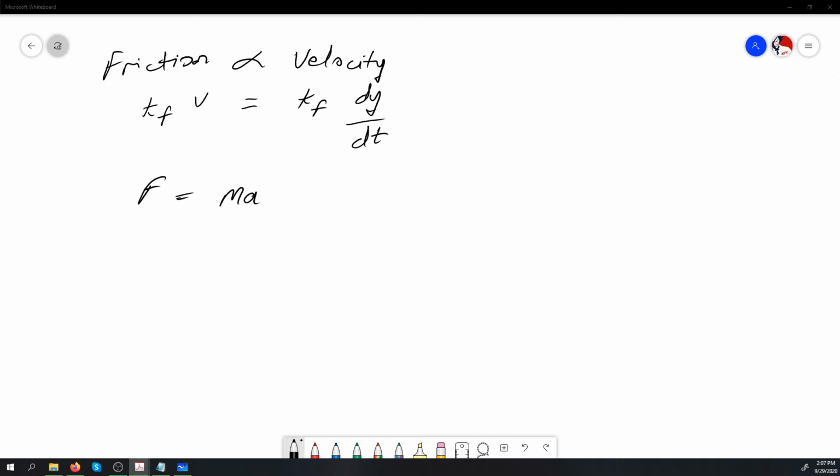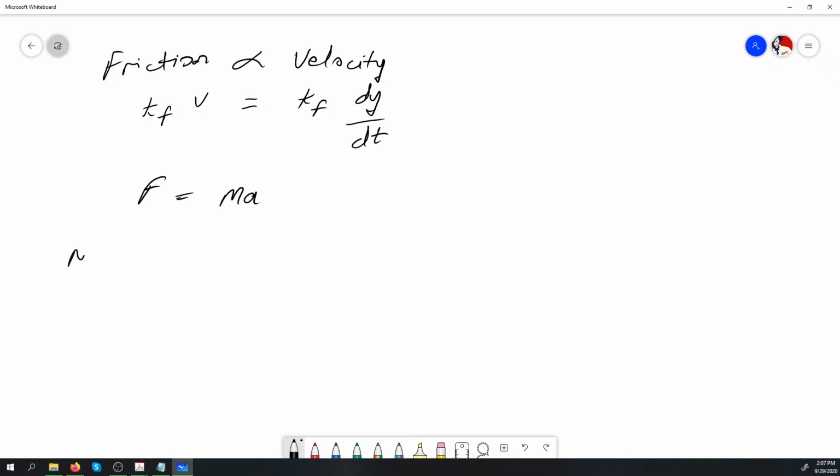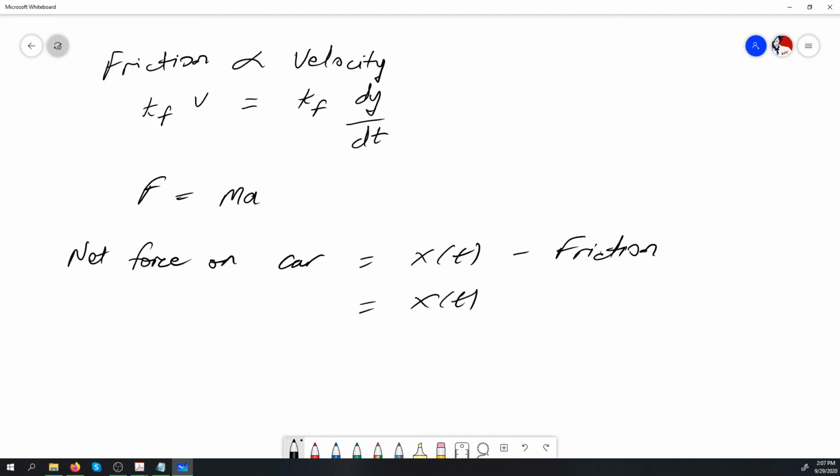We also know that force is a product of mass by acceleration. So, in doing so, the net force on the car is equal to x of t minus the friction. So this is going to be x of t minus kF dy/dt.